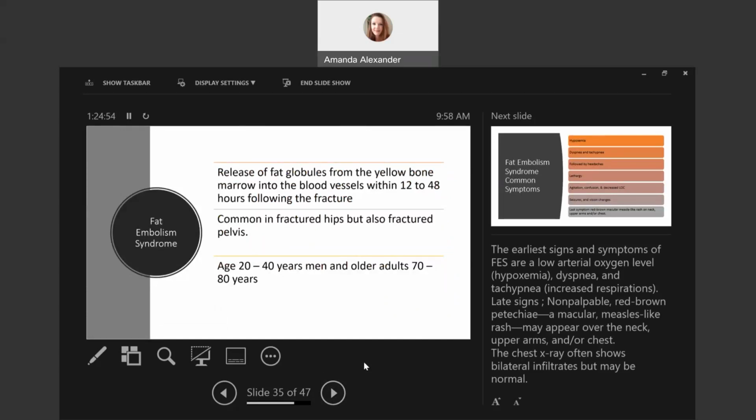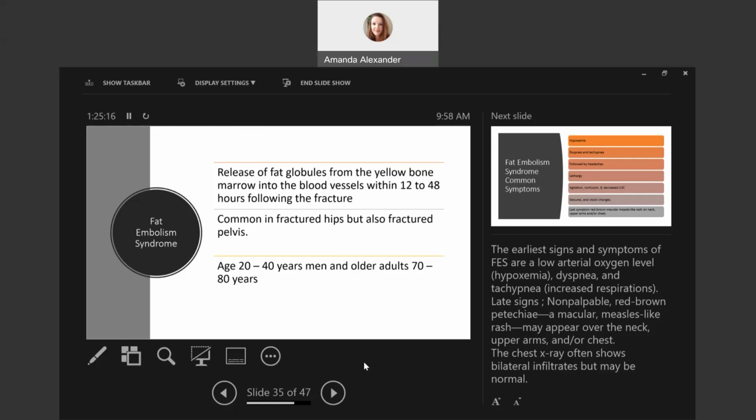Now, these can present in different manners. You may see a patient present with shortness of breath. They may be confused, or they may be complaining of pain at the site of injury. These are all indicative of a fat embolus. They're common in hip fractures and long bone fractures.